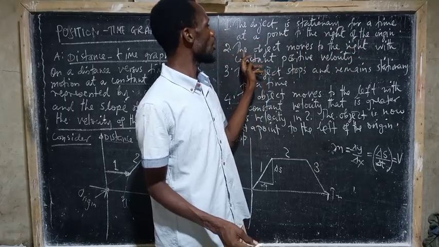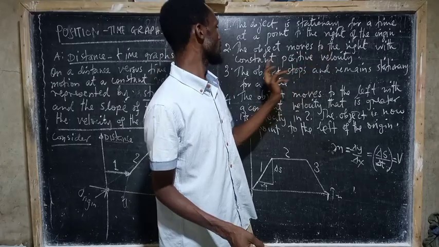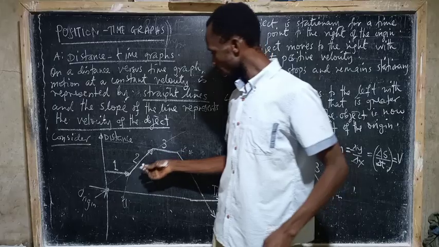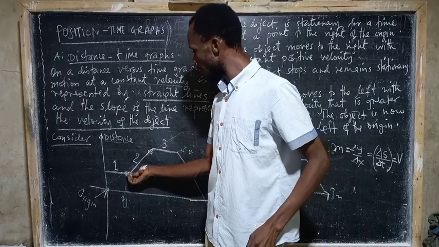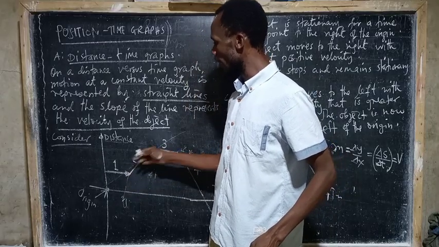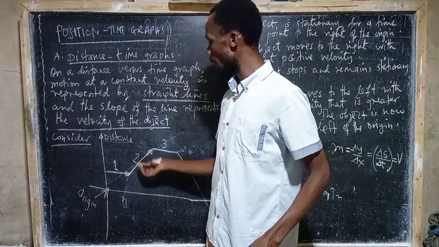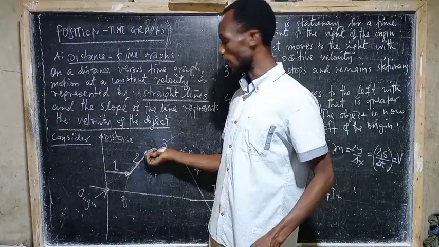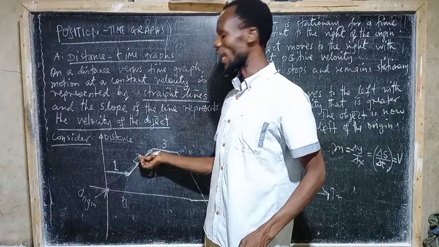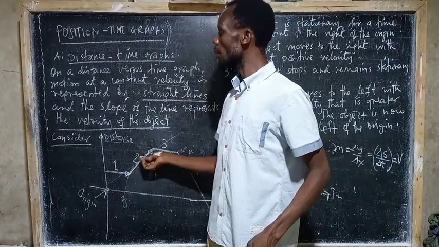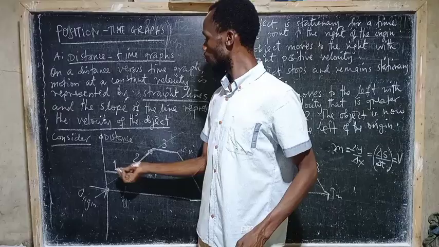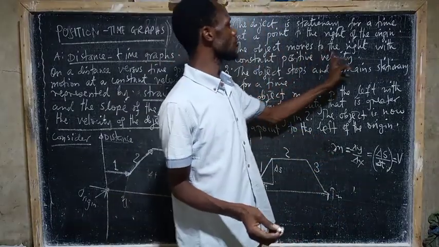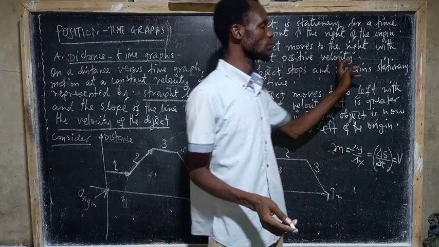And then number 2, the object moves to the right with a constant positive velocity. When you look at this one, ilikuwa inapanda. Tafsiri yake ni kwamba ilikuwa ina cover distance, ina cover muda. Kwa maana hiyo ina cover distance per certain time, maana yake inatengeneza velocity, which is positive velocity, ambao ndio nimesema hapa kwamba the object moves to the right with constant positive velocity.